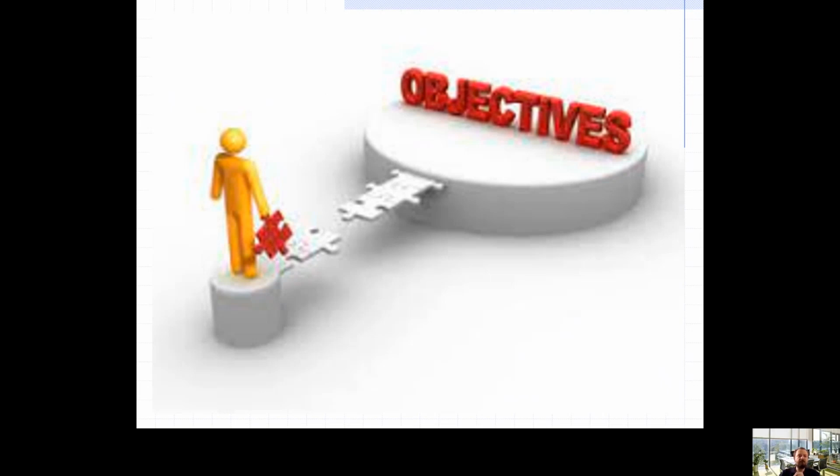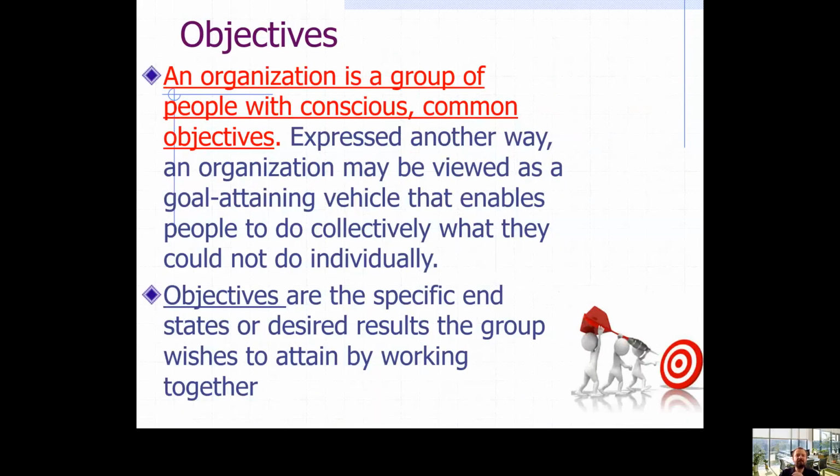So how to define an objective? An objective is a specific state or result that a group of people try to attain by working together. I'd like to stress one more time two ways of setting the objective.